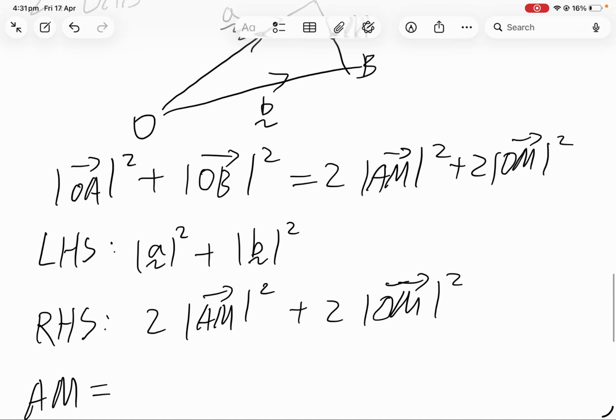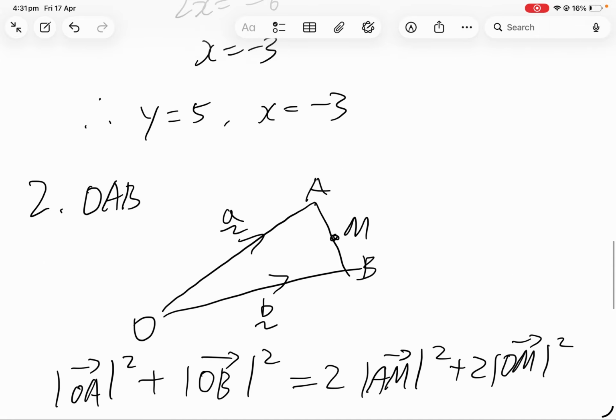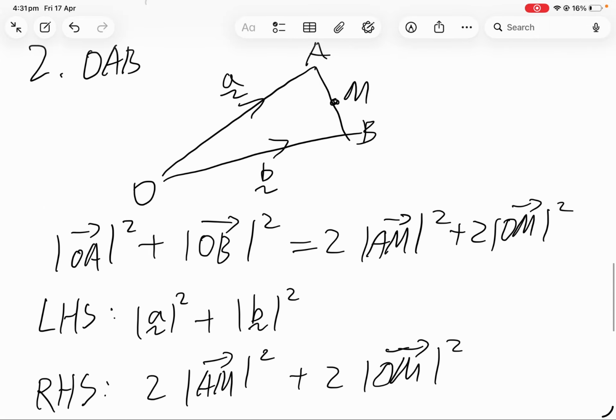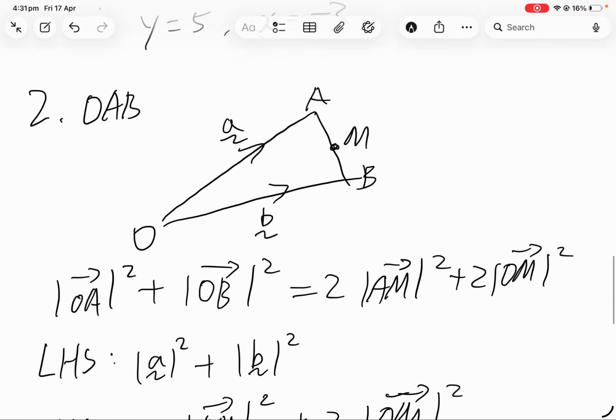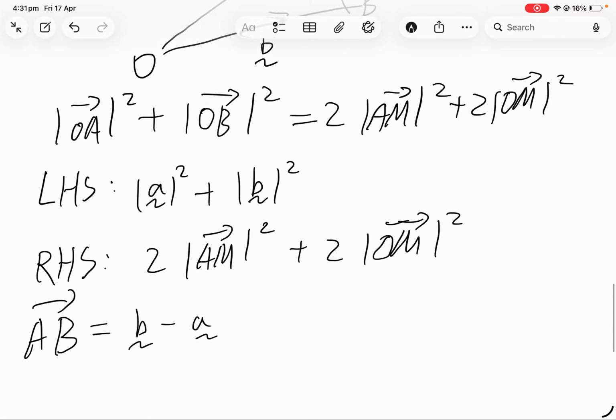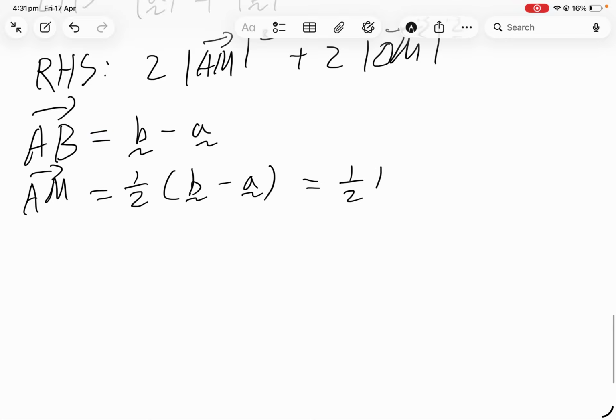We have to find out what AB is first, because AB is just negative a plus b, vector b take a, and AM is just half of that. So this is just half of vector b take half of vector a.